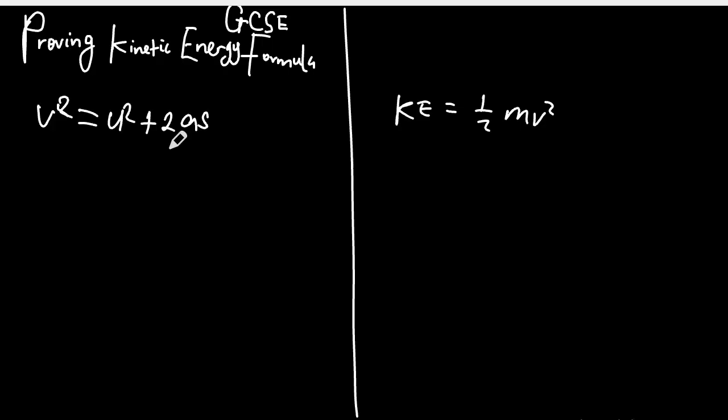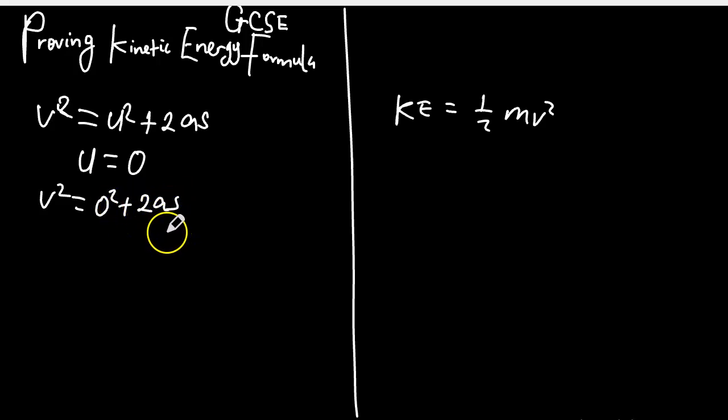In this case, we are going to assume that the body starts from rest, which means u is equal to 0. Remember, in this equation, v is the final velocity and u is the initial velocity. So if the initial velocity is 0, our equation becomes v squared is equal to 0 squared plus 2as.